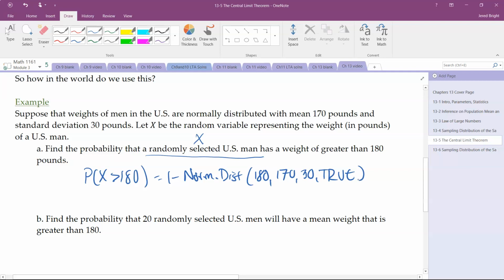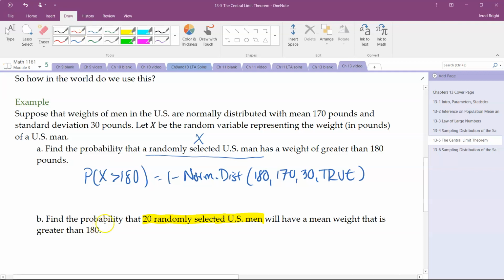What I am interested in is part B, because now the problem changes and I'm no longer looking at a US man. I'm looking at the probability that 20 randomly selected US men, so that I get a group of 20, what is the chance that their mean weight is greater than 180? So this changes.